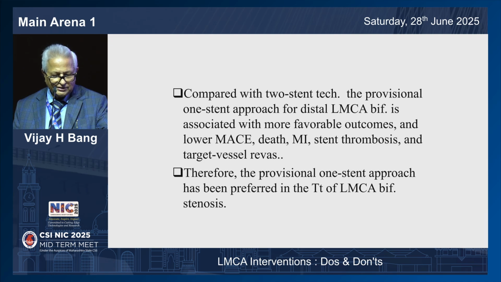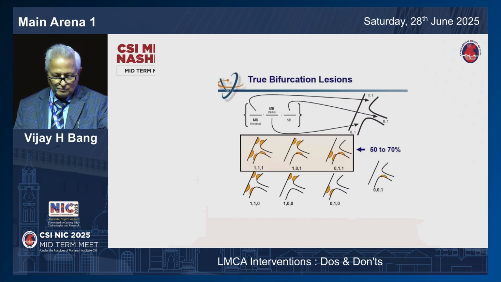It is very clearly saying that compared to two stents, LMCA bifurcation with single stent crossover is associated with more favorable outcome, lower MACE rate, death, MI, stent thrombosis, and target vessel revascularization. Therefore, the provisional one-stent approach should be preferred in LMCA PCI.